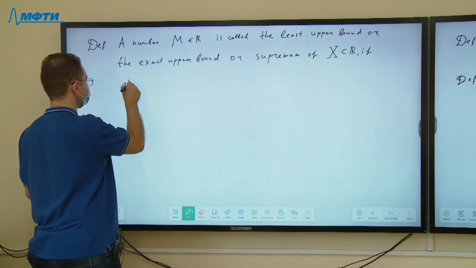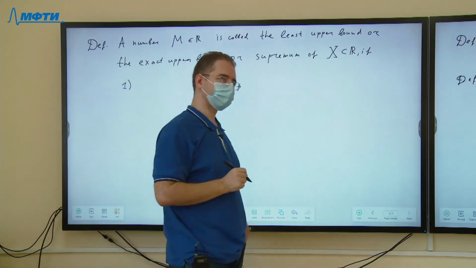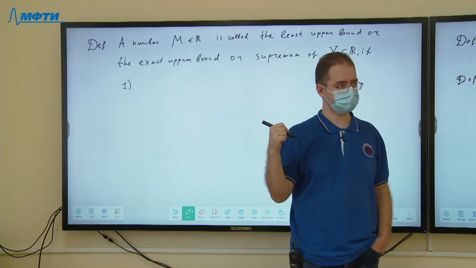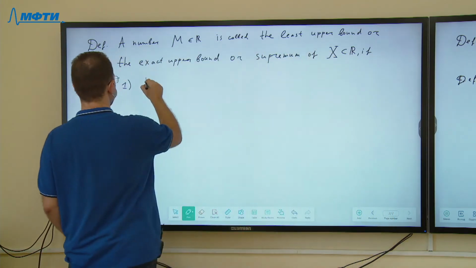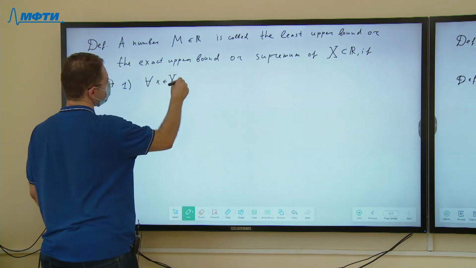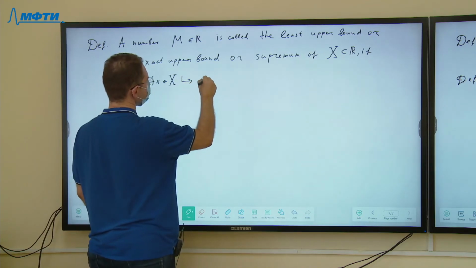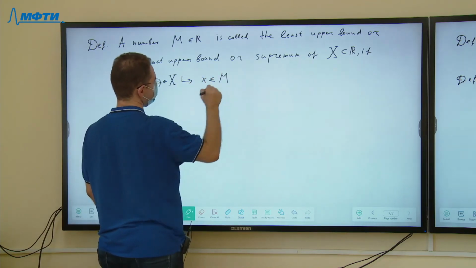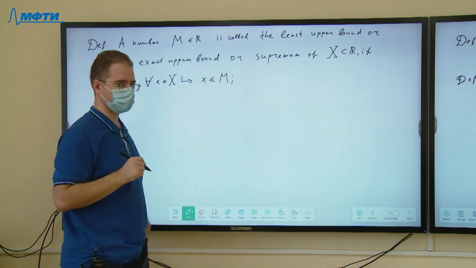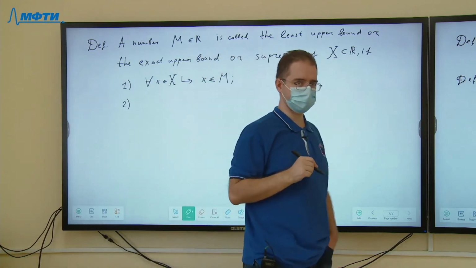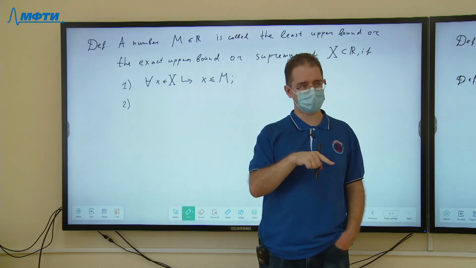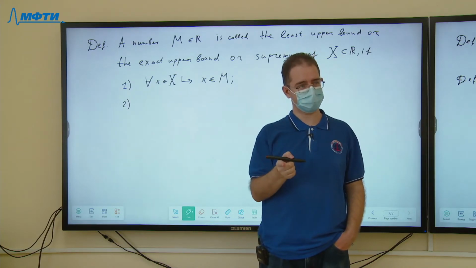First statement says that this is an upper bound: for any x from X, x is less or equal than capital M. And second statement says that any smaller number is not an upper bound.